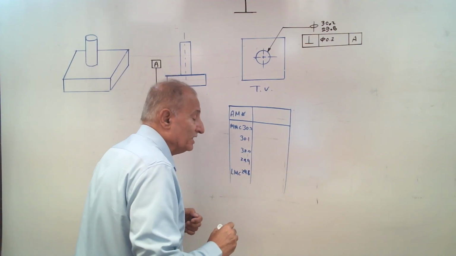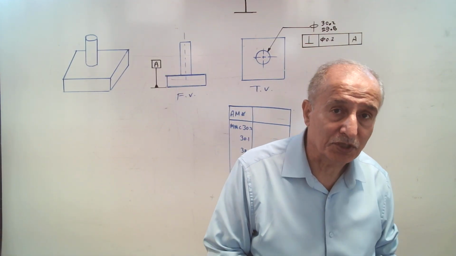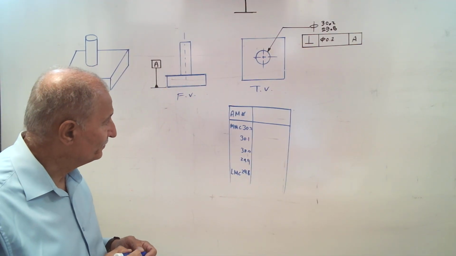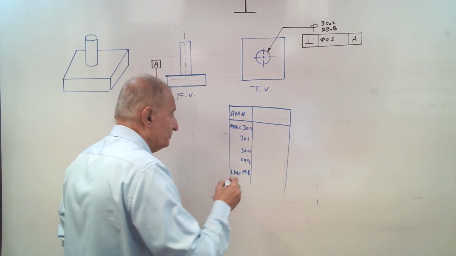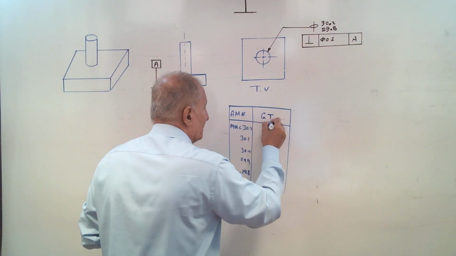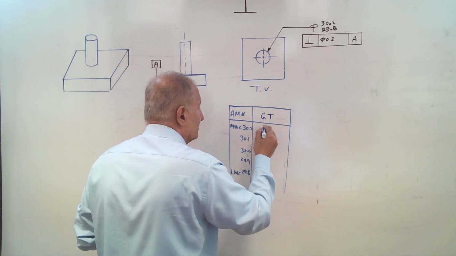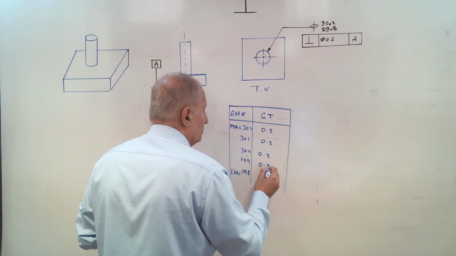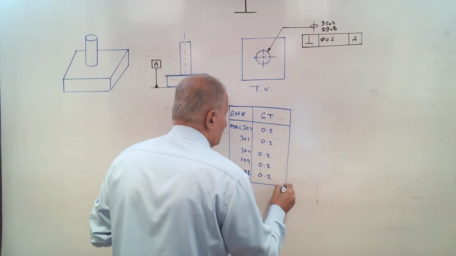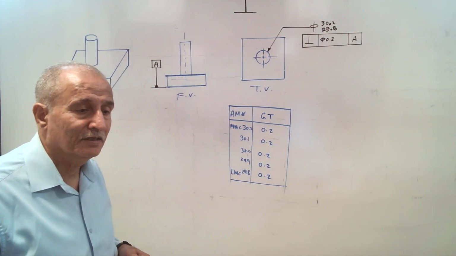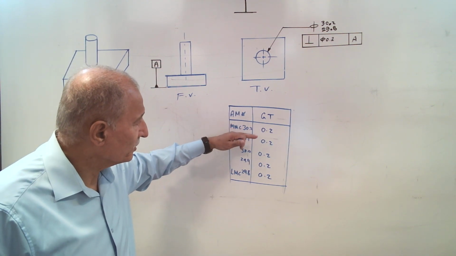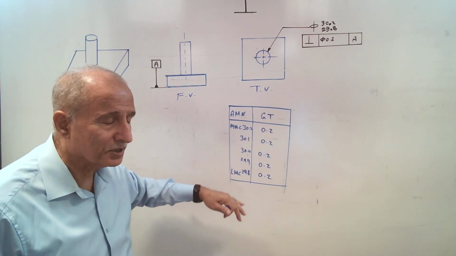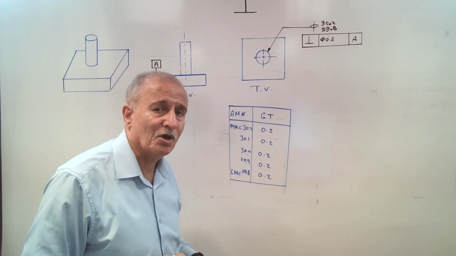LMC, least material condition, minimum material of the shaft, is at size 29.8. And the geometric tolerance at RFS is 0.2 for all of them. It means that there may be millions of sizes between 30.2 and 29.8. I just show some of them.